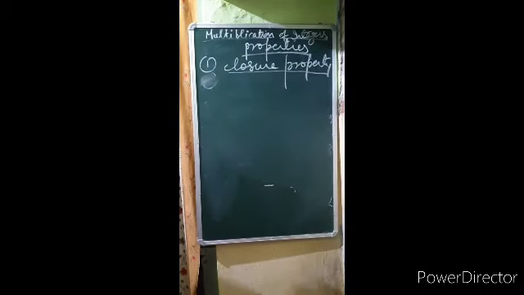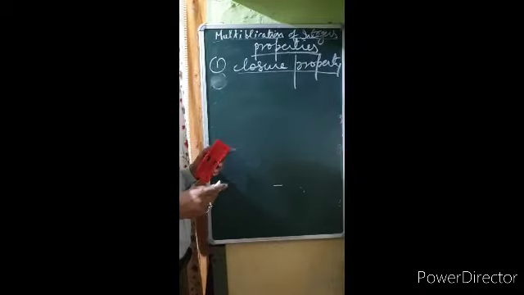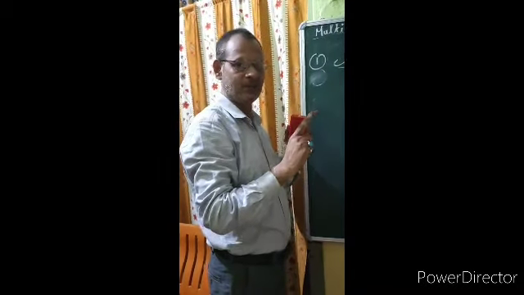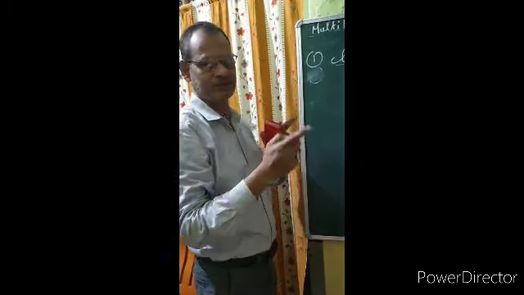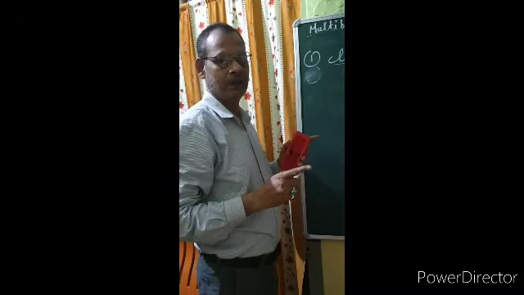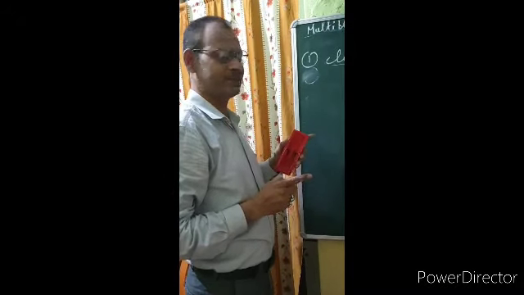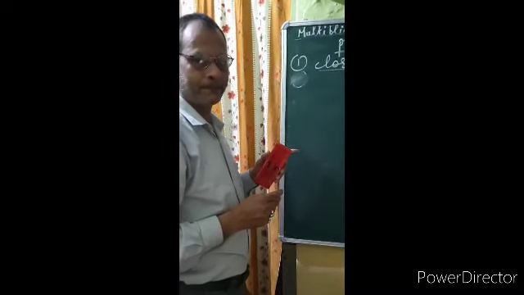Closure property, as I told you in addition and subtraction also: when two integers are added or subtracted, their answer is also an integer, so it is true for addition and subtraction of integers.